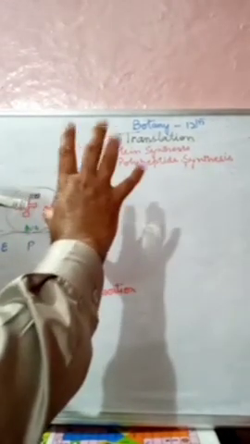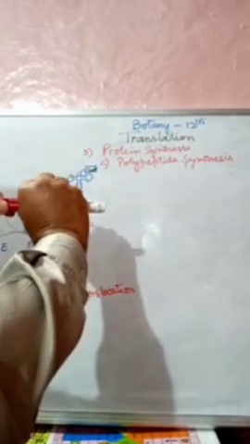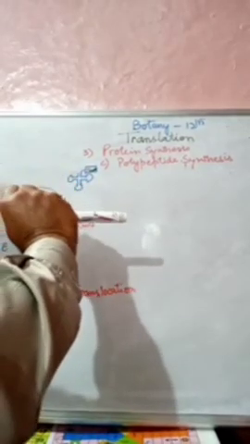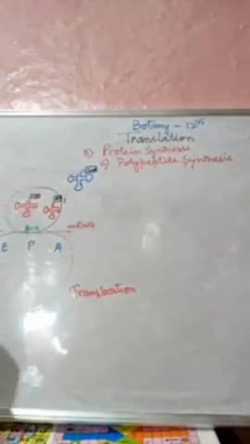If my fist is the ribosome and this is the mRNA, and it is pushed to this site, then to this site, this is called translocation.